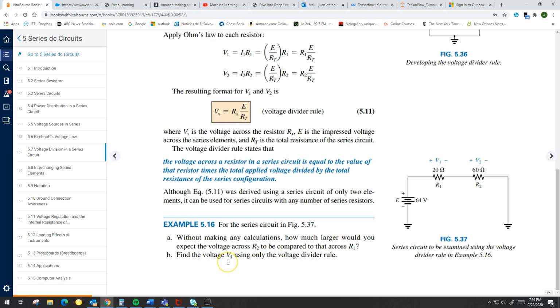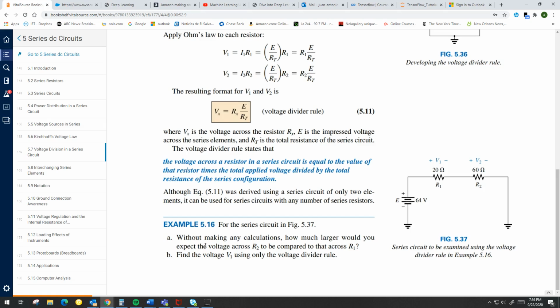So in here it says, for instance, in this example 5.16, without making any calculations, how much larger would you expect the voltage across R2 to be compared to the voltage across R1, right? So the voltage across R2 is seeing a resistance of 60 ohms, and the voltage across R1 is seeing a resistance of 20 ohms.